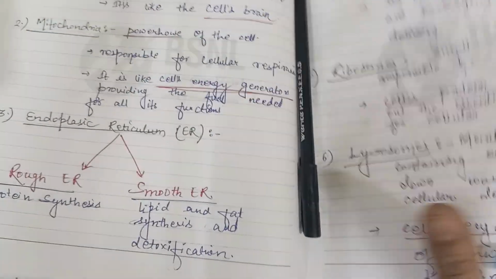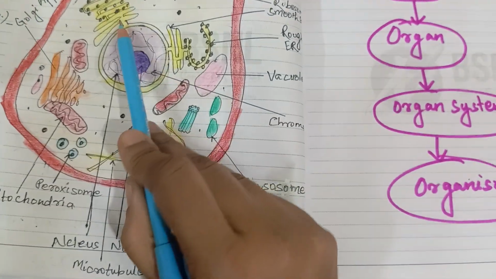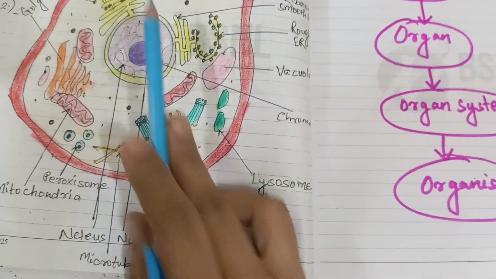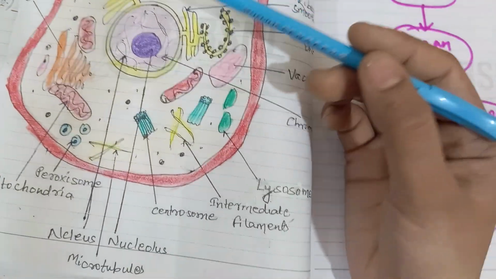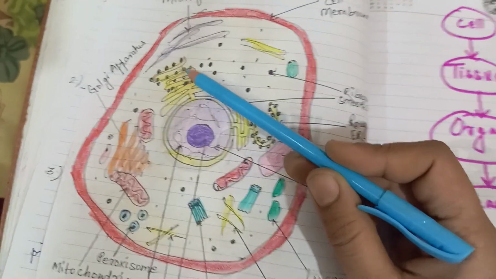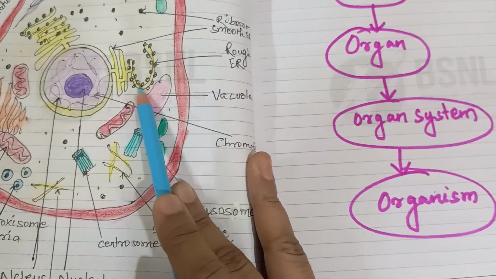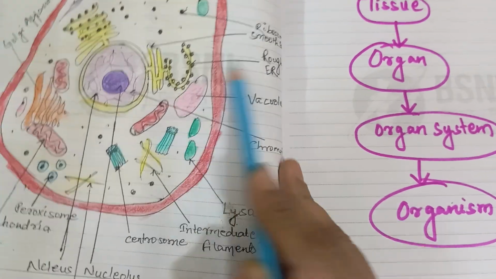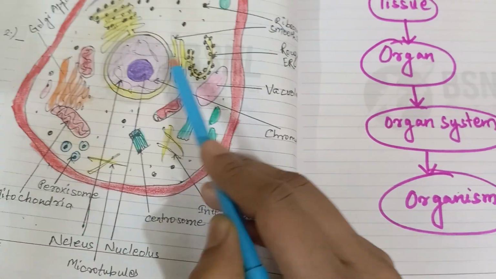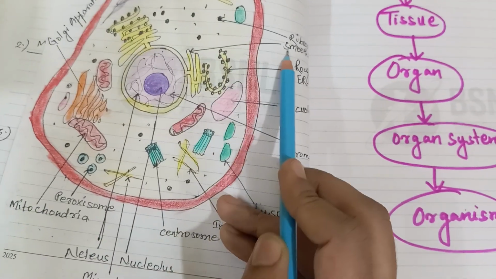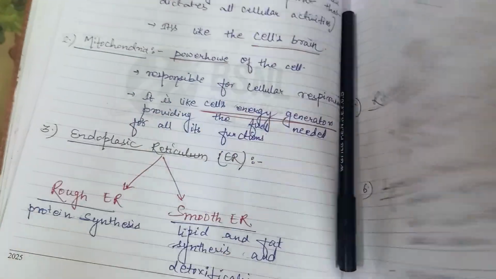Now the next component that we are going to discuss is the endoplasmic reticulum. As we said, the endoplasmic reticulum is broadly classified into two categories: the rough endoplasmic reticulum and the smooth endoplasmic reticulum.